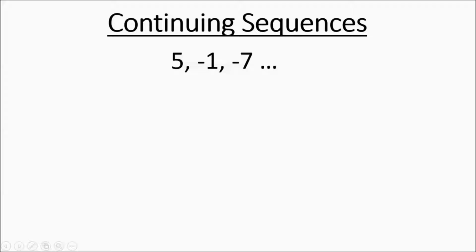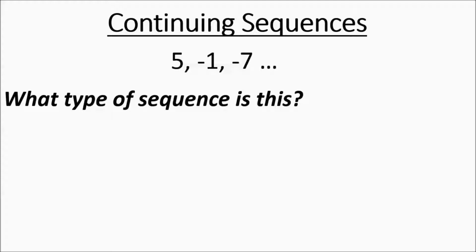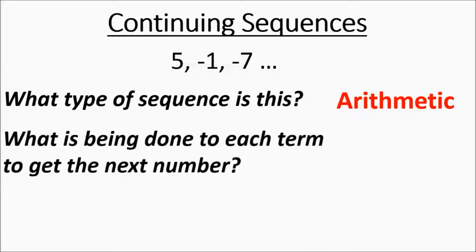Here we have 5, negative 1, negative 7. This can be a little tricky because we're dealing with some positives and some negatives. So we start with the 5, go to negative 1, go to negative 7. They're all the same distance apart. So this is going to be an arithmetic sequence. And starting at positive, going deeper into the negative zone, we're moving to the left.